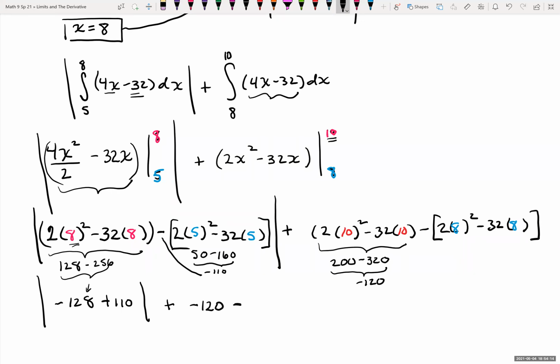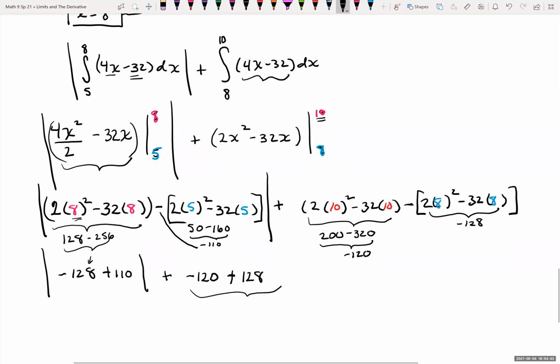Minus this piece in here. And we already did that, right? This was negative 128. So minus a minus gives us plus 128. I was a little worried because this has to be a positive number, because I know that this was above the x-axis. You notice that that is going to give us a positive number.